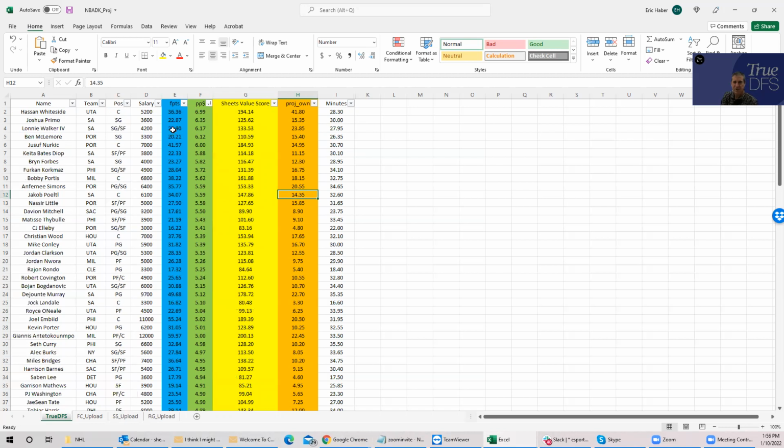Next thing I want to do is re-rank all these guys by points per dollar. The reason I want to do it this way is to distinguish what I consider unfadable, super duper value versus just kind of okay value. Usually the cutoff for me is right about that 7x projection.